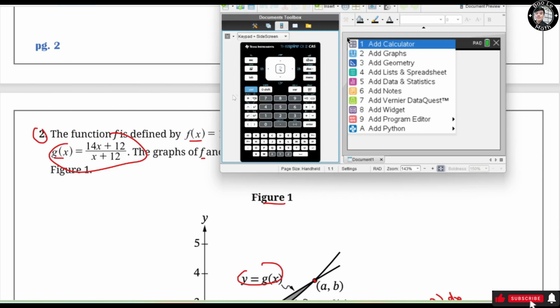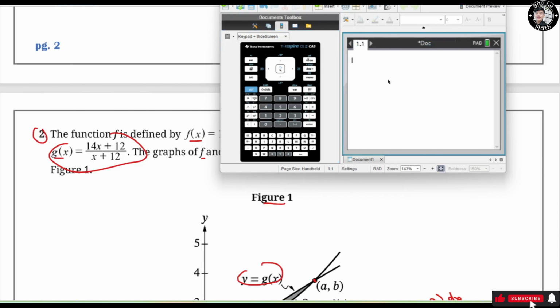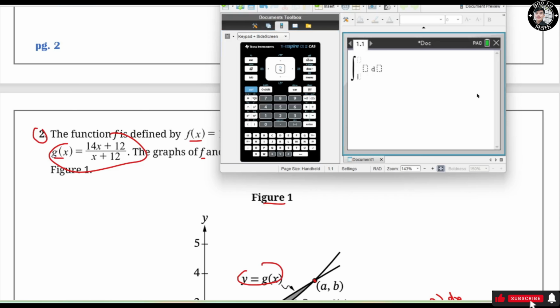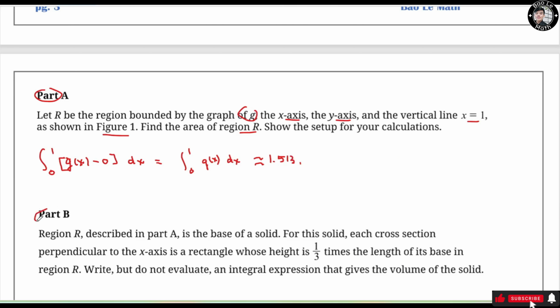Hit the integral button, input the interval from 0 to 1, and input this expression. Then hit Control Enter. It's going to be 1.513.